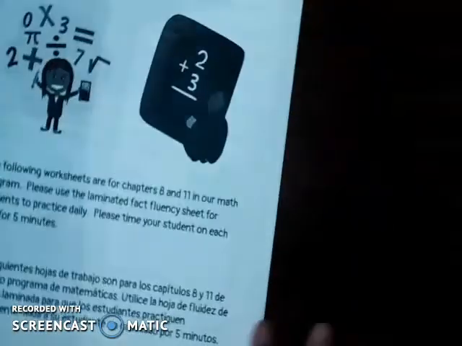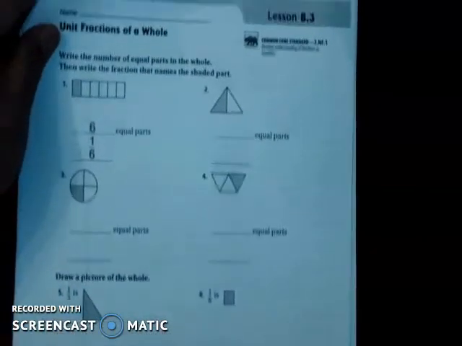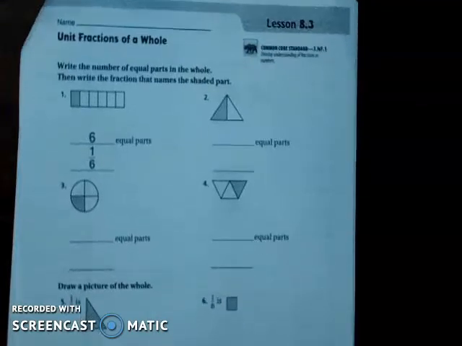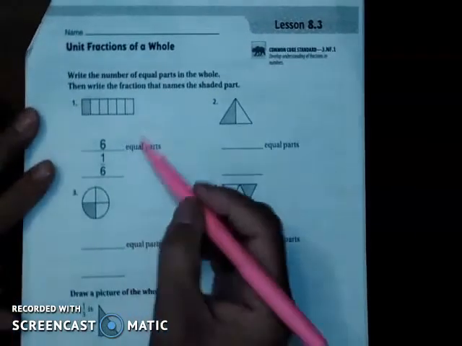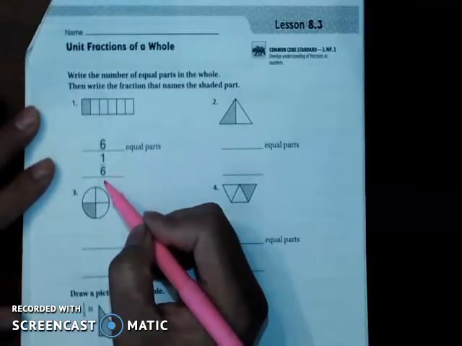So this is the math packet I just gave you, your brand new one, right? It has that front cover, and it's lesson 8.3. And I'm just going to use a colored marker so you can see. So they've completed number 1 for you. You had to write the number of equal parts and then the unit fraction for the parts that are shaded.